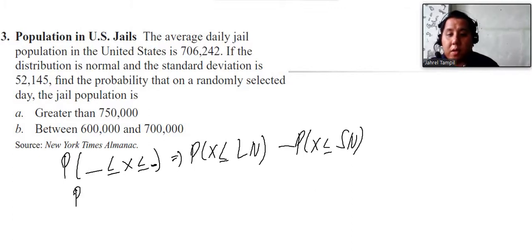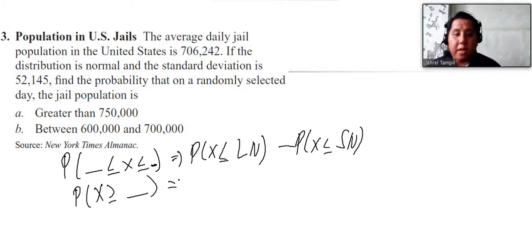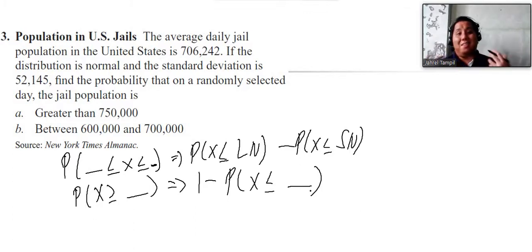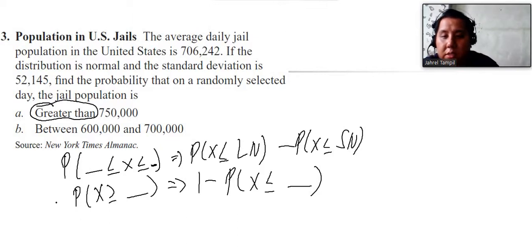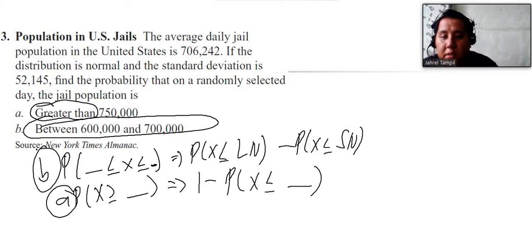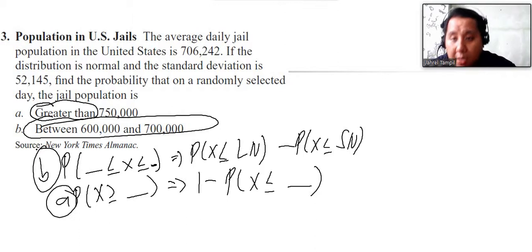Or if it's greater than or more than a number, then we have 1 minus the probability to the left of said number. Or if it's just less than that specific number, then we would not do any of those, we just need Excel. Now in this specific case, we have a greater than, so it's this one, and we have a between, which is this one. So now we have the options on what we should do for A and then B.